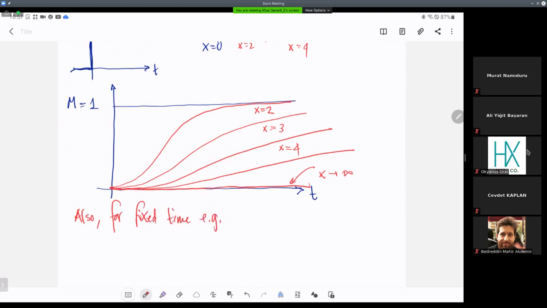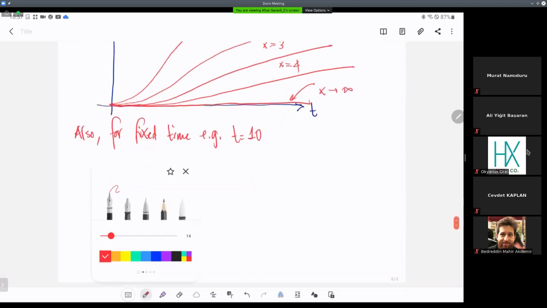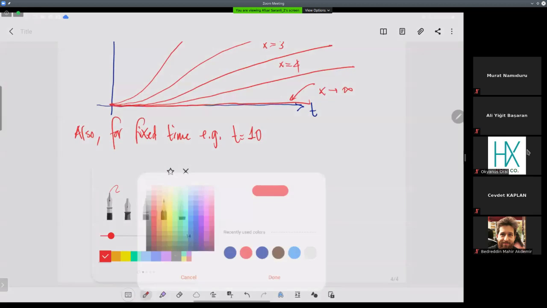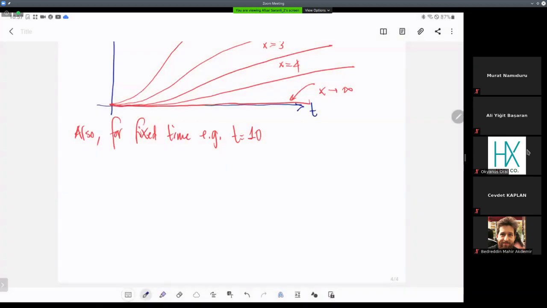For example, let's say that t is equal to 10. Now you can also sketch a function with respect to x. Remember this function is both a function of time and space, so you can sketch it with respect to each one of the variables.